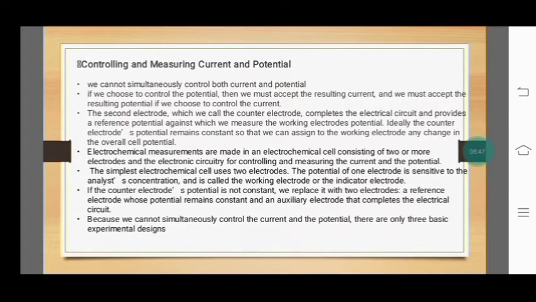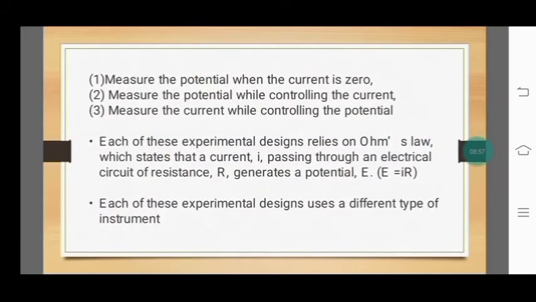Because we cannot simultaneously control the current and the potential, there are only three basic experimental designs. First is to measure the potential when the current is zero. The second, measure the potential while controlling the current. The third one is to measure the current while controlling the potential.